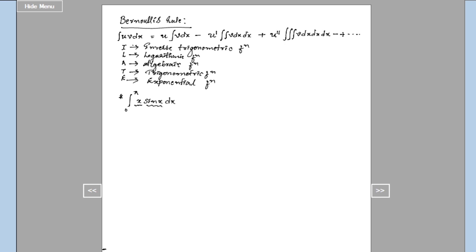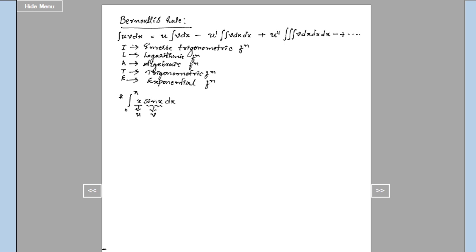Going through ILATE, first we have the algebraic function, so x represents u in this given integrand. Then we have the trigonometric function, so sin x represents v.